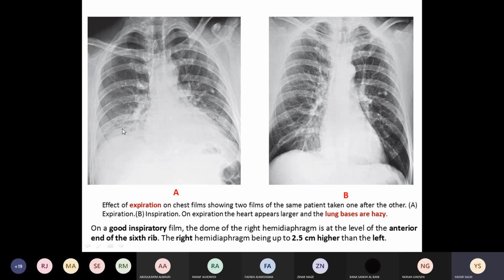So on a good inspiratory film, the right hemidiaphragm should be at the level of the anterior end of the sixth rib, or at the level of the posterior 8 ribs, in a good quality inspiratory film.